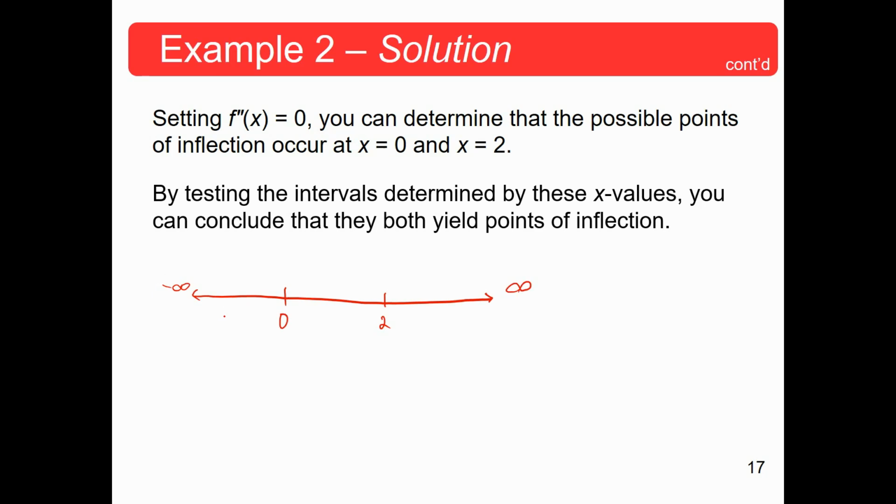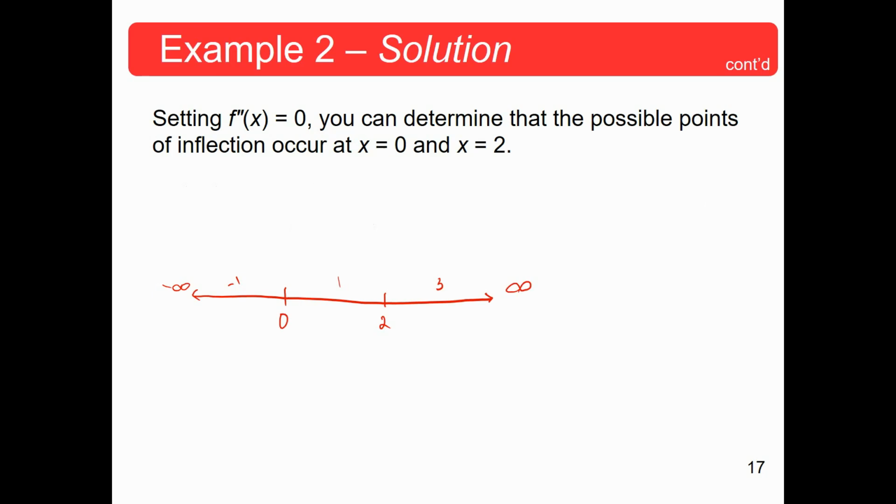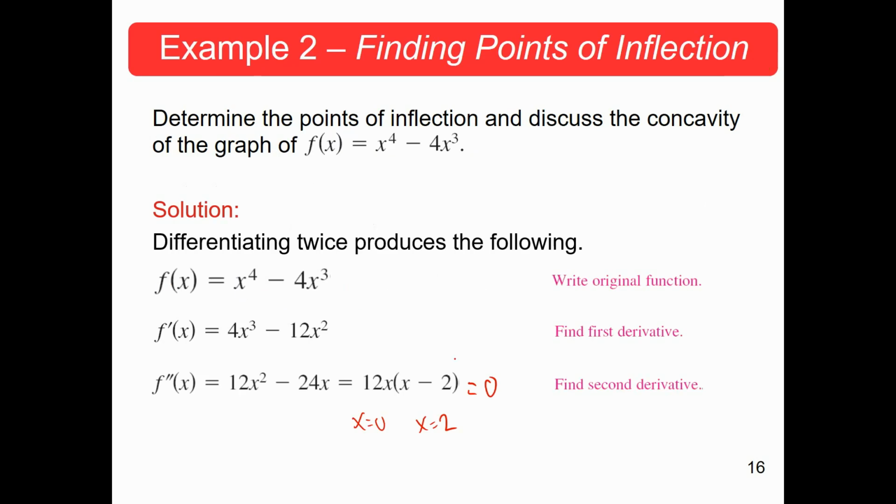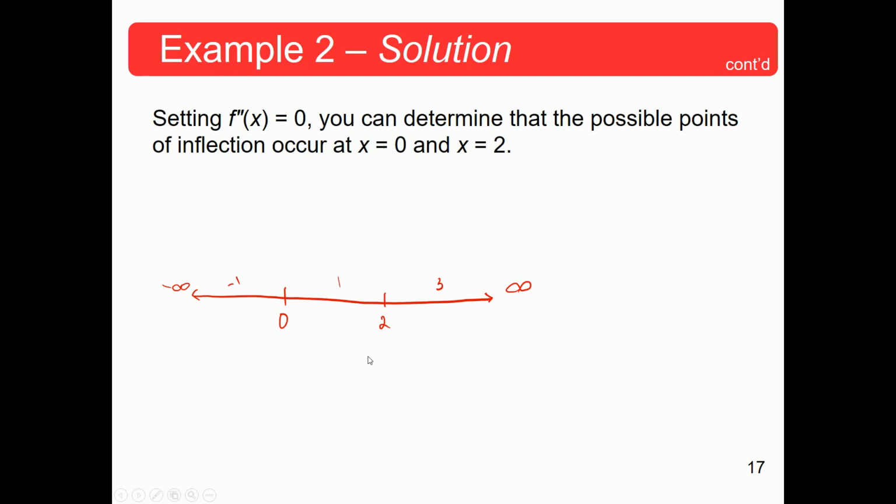So I'm going to use the point -1, the point 1, and the point 3. Now remember, we have to plug these into the second derivative, 12x times x minus 2. So if I plug in -1, 12 times -1 is -12. -1 minus 2 is -3. A negative times a negative is positive. That means we are concave up.